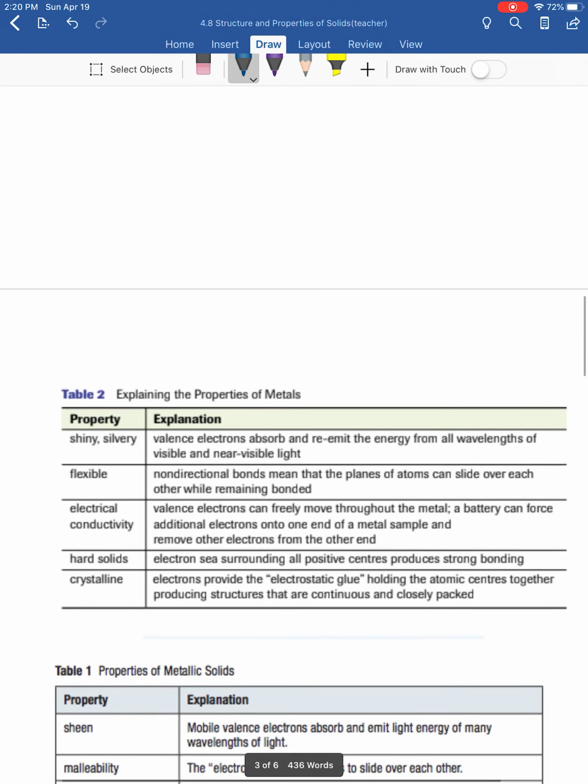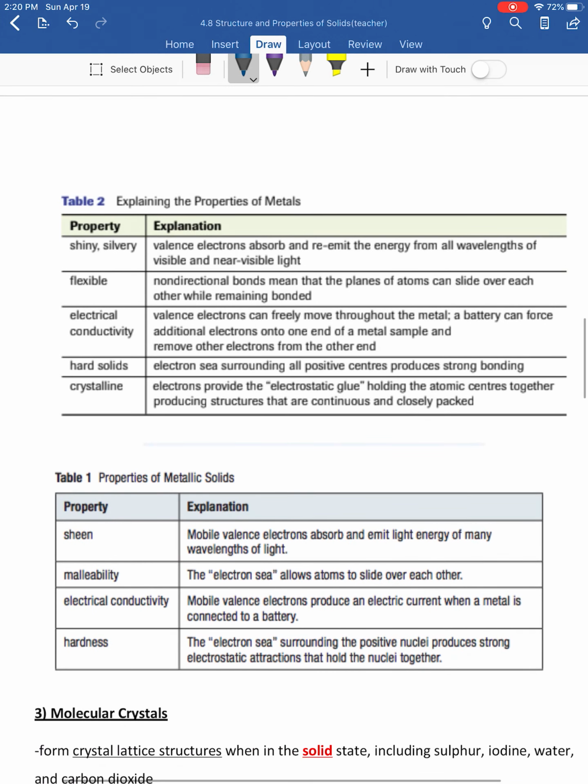Okay, so moving on, let's talk about the properties of metals and what this electron sea theory can explain. For instance, they are shiny and silvery because those valence electrons, the electrons in the outermost energy level, can absorb energy. Remember that makes them into an excited state, right?